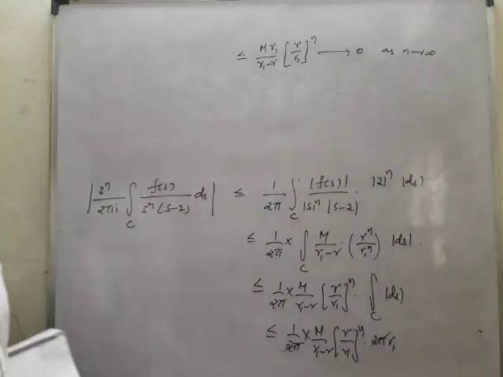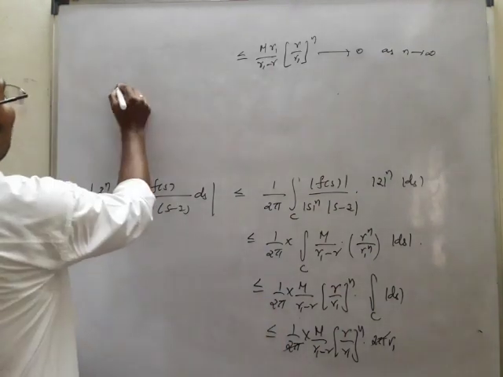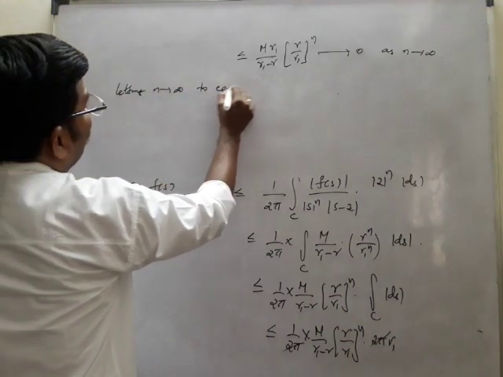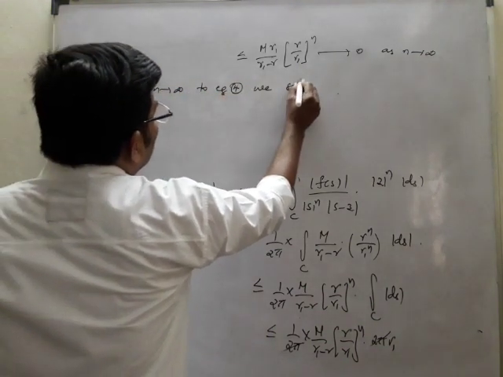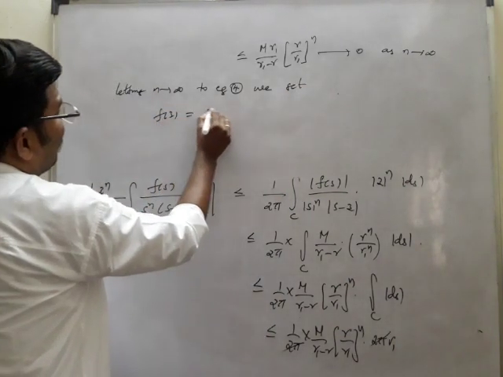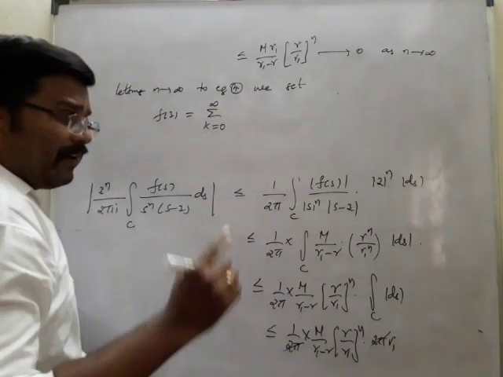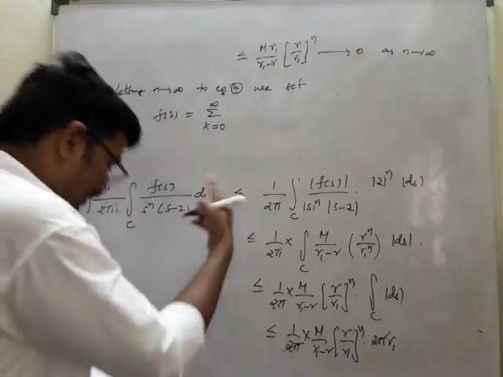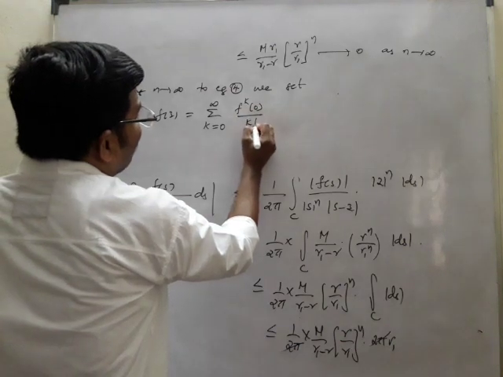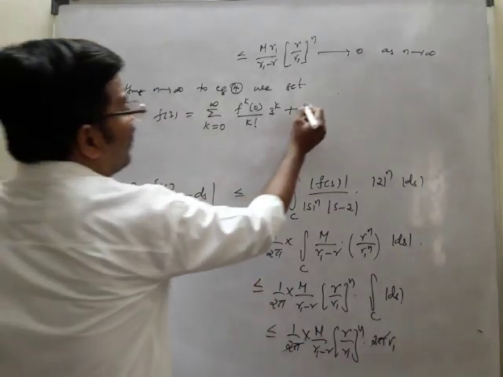So this will become 0 as n tends to infinity. So therefore, letting n tend to infinity in equation number 4, we get f of z is equal to summation k equal to 0 to infinity, because n tends to infinity we are taking, f power k of 0 by k factorial into z power k plus this remainder term, whose total value we got as 0.